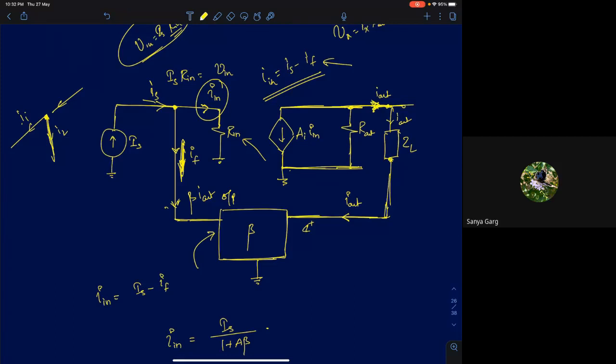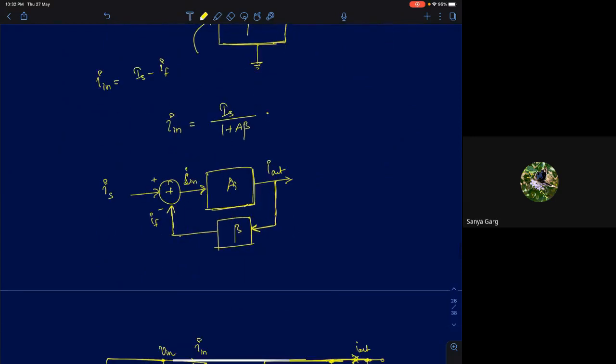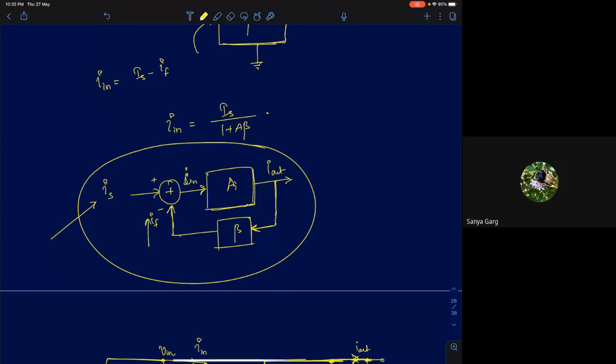Similarly, I can represent this as a block diagram model. IS is your input current, IF is your feedback current, IN is like your error current. If IN is your error current, can you express IN in terms of IS? I can simply say IN is IS upon 1 plus A beta.